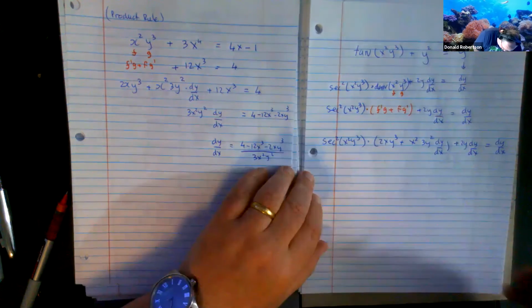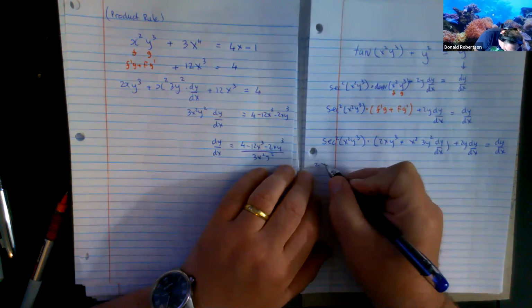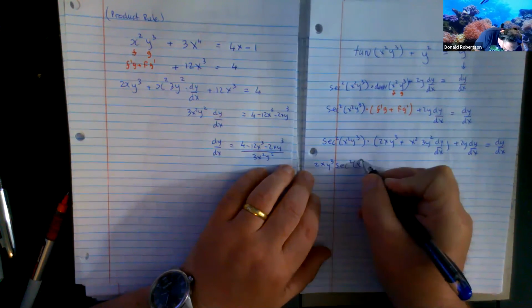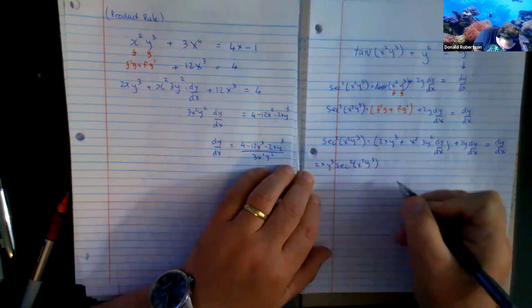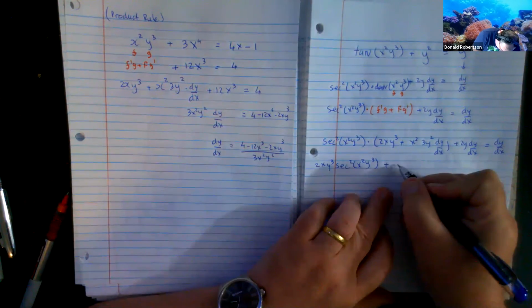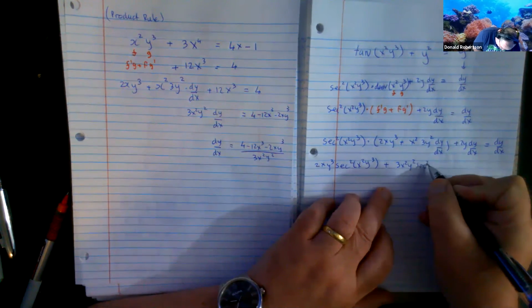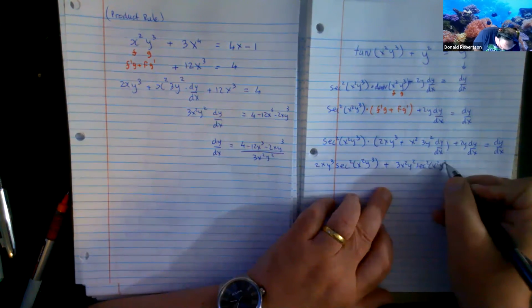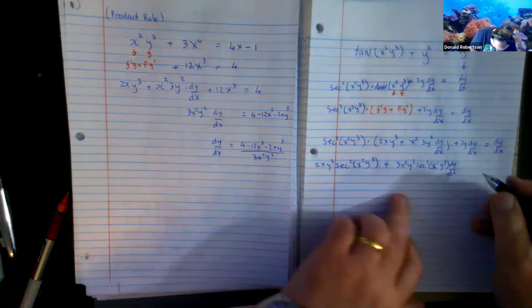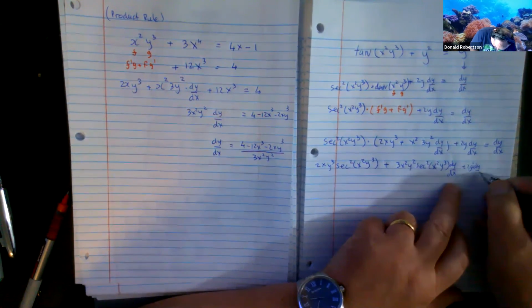Secant squared times this guy gets you 2x y cubed secant squared x squared y cubed, plus this guy and that guy gets you 3x squared y squared secant squared x squared y cubed dy by dx. And then the other 2 guys are the same 2 guys untouched.